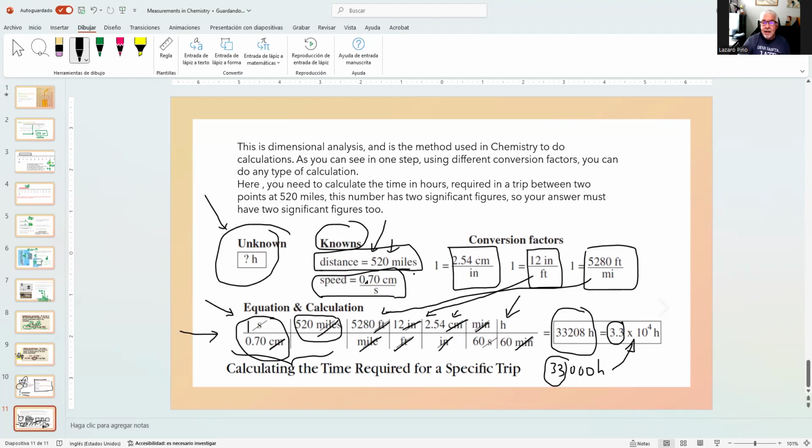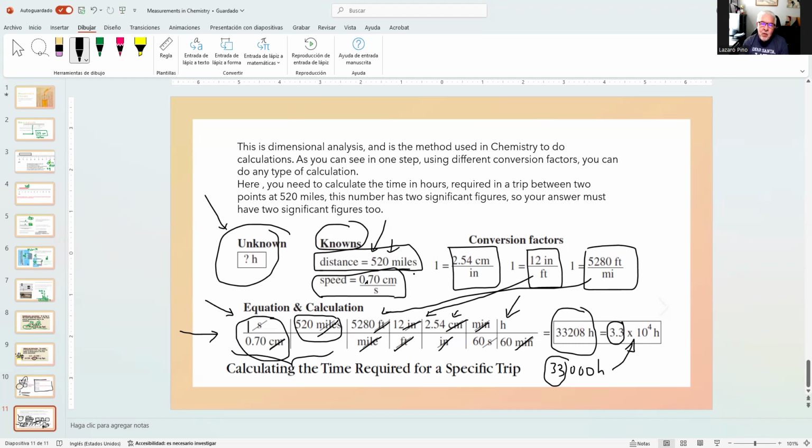I know that this is new for you, but it's very important because from now on, you're going to have a lot of operations where you are going to use dimensional analysis.